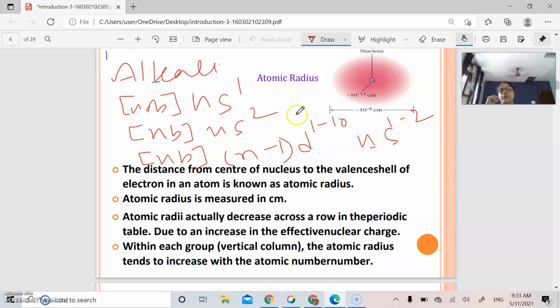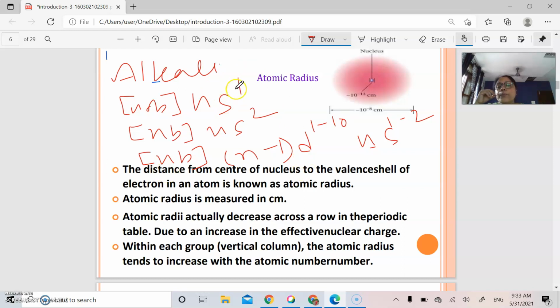Now these d electrons, since they are there, this means that when we want to determine the strength of the nuclear force for the outermost electron, then these electrons will screen the nucleus. And if there is shielding or screening by the inner electrons, then definitely the nuclear force for the outermost electron will decrease.